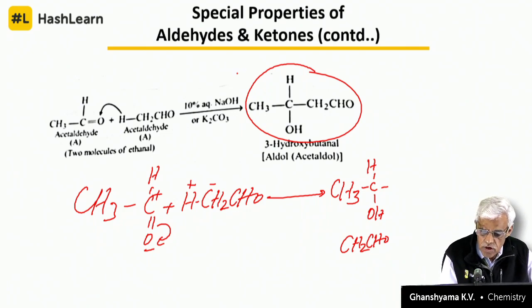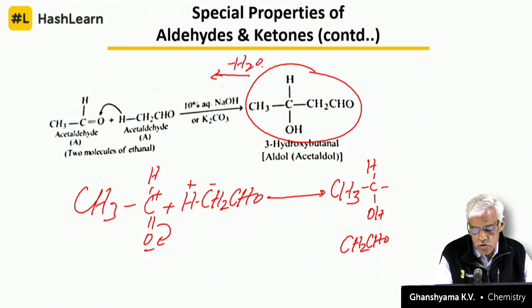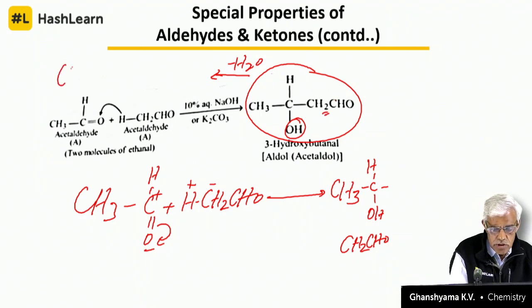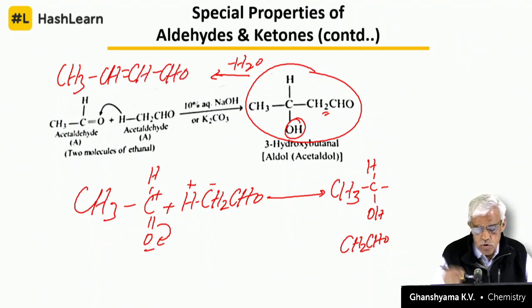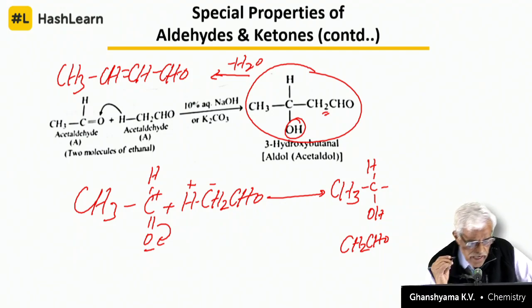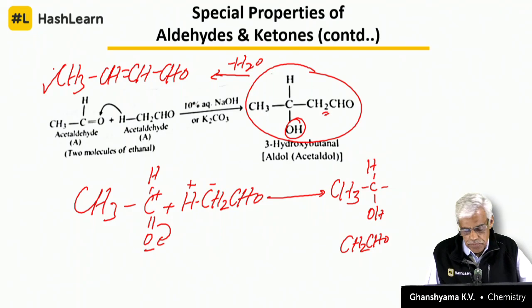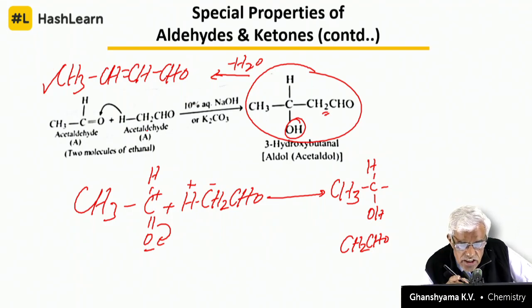If you heat this compound further, it undergoes dehydration like this, OH from here and H from here gives rise to CH3 CH double bond CH CHO. So, you get crotonaldehyde. That is why it is called a condensation reaction.